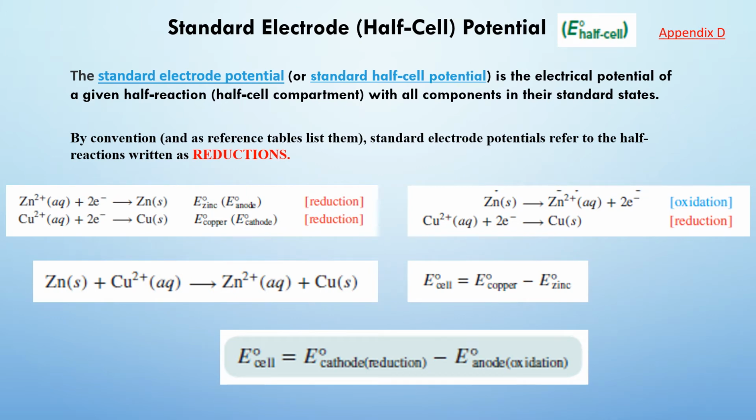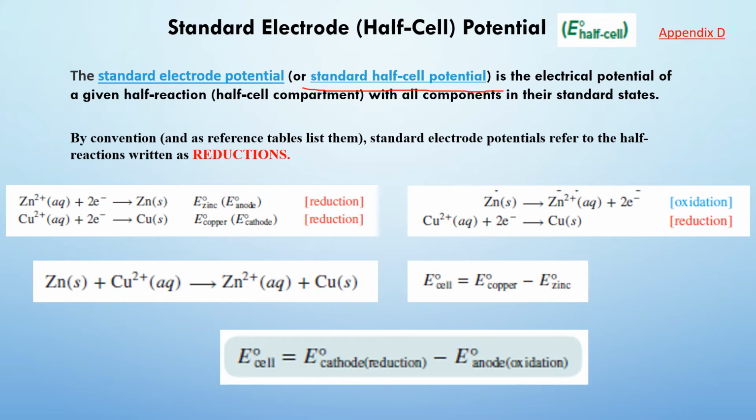Just as each half reaction makes up the overall reaction, each half cell potential makes up the overall cell potential. Because you can cut the redox reaction into reduction and oxidation, you can also divide the standard cell potential into two standard electrode potentials, also called standard half cell potentials.